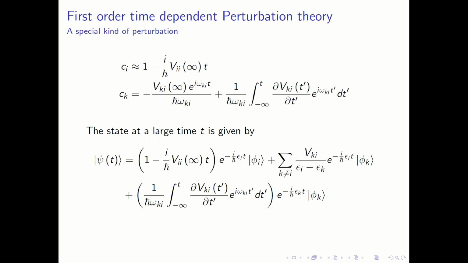And in that calculation, this quantity should really strike a chord, because V_ki by epsilon_i minus epsilon_k is exactly the additional first order correction you have to the state phi_i because of the perturbation. This is V_ki infinity. I should perhaps have mentioned infinity here, but that is obvious.